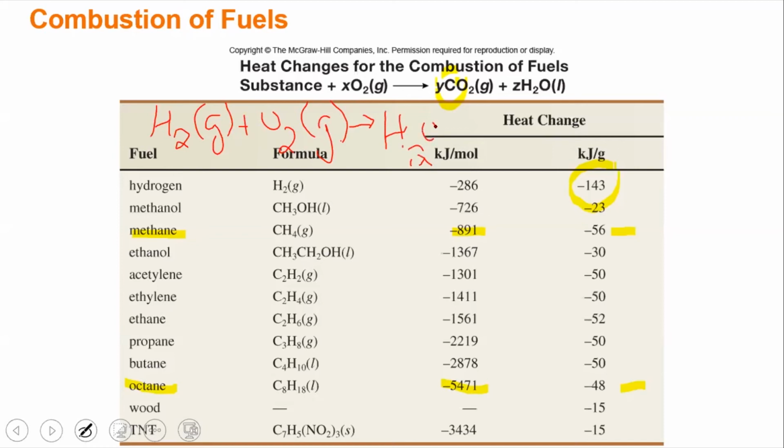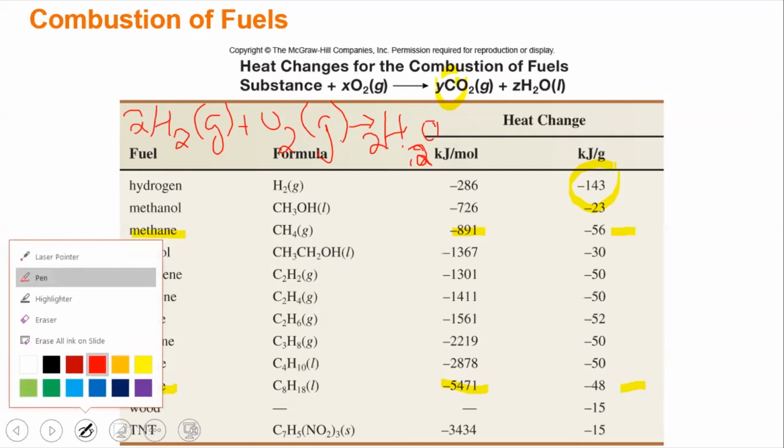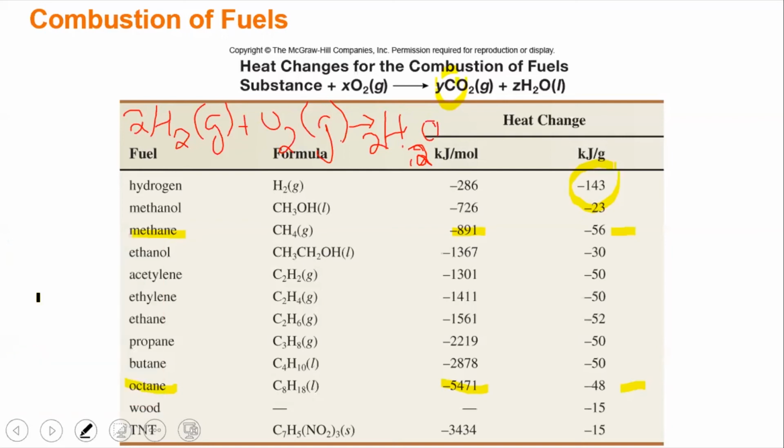Sorry that my stylus is not very good. Let me see if I can complete these. There you go. And of course, this is unbalanced here. You'd have to balance this equation. We would need a 2 in here and a 2 in there. But notice my point here is that the only product you're getting out of this is water.